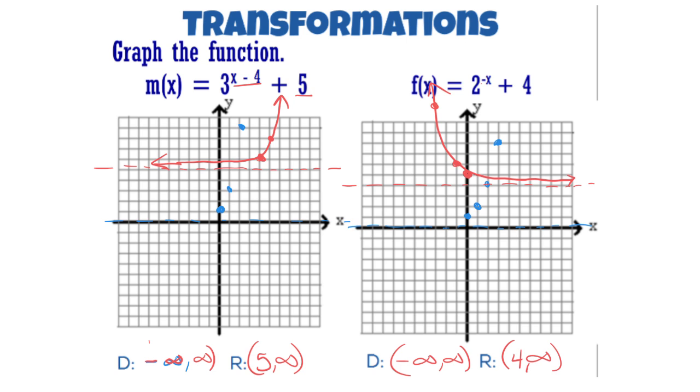Now, ideally, I'm hoping you're catching on that every time our domain has been negative infinity to infinity. Every time. Regardless of what sort of reflection might happen on it, the domain for exponentials will stay negative infinity to infinity. And your range is going to get limited by the asymptote.